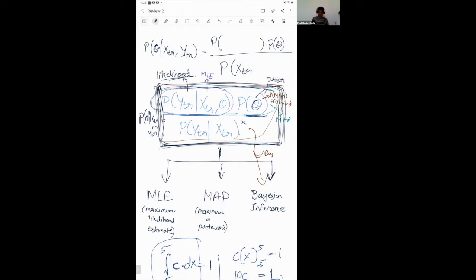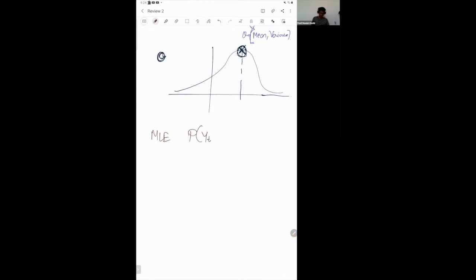Since we don't have any information, we are just assuming a uniform distribution on all the possible values of theta. So even this thing doesn't come into the picture when getting the max over theta. What we end up with is the probability of y train given x train and theta. So for MLE, we are only concerned with this quantity.